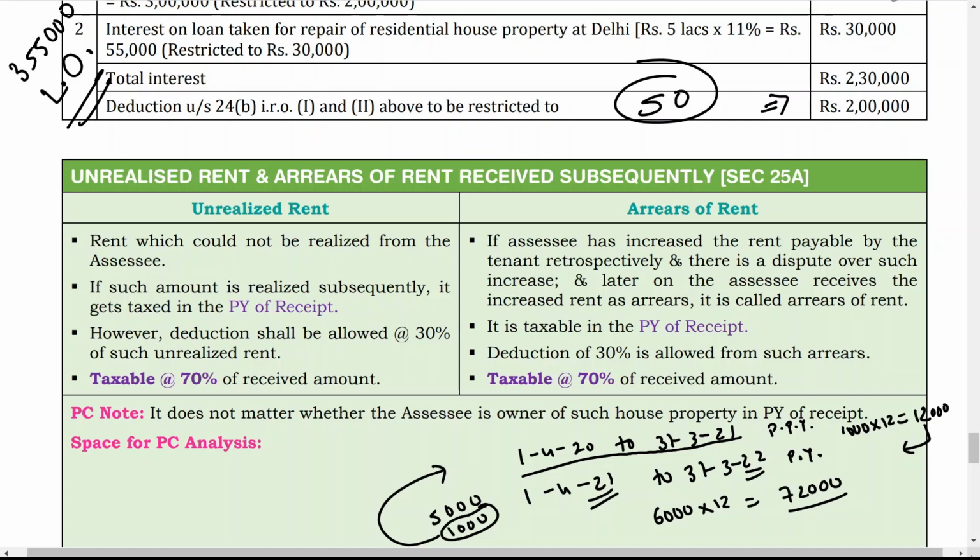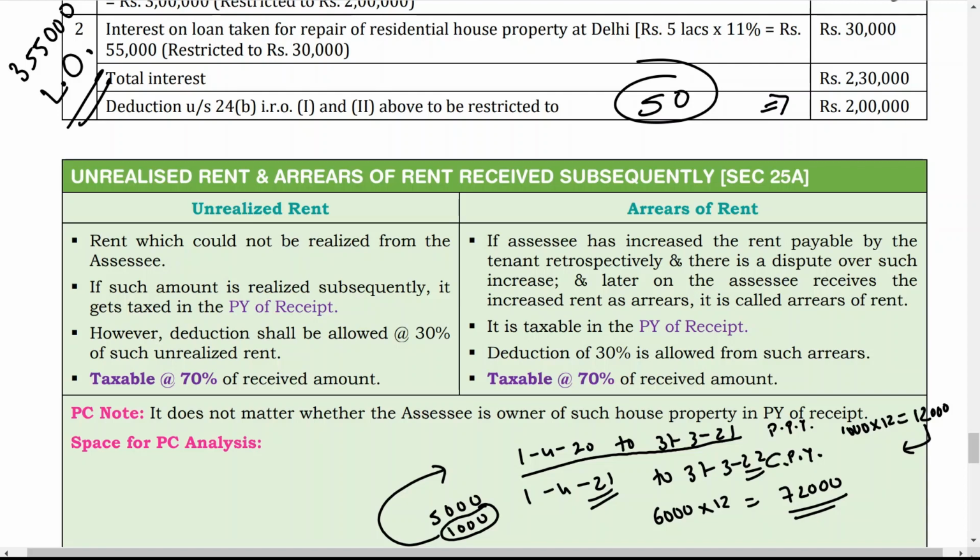So now what is the arrears of rent? This 12,000 is arrears of rent because rent is increased by retrospective effect. The year is over, now you are in 2021-22, but rent was increased from the preceding previous year, and it is received in the current previous year.